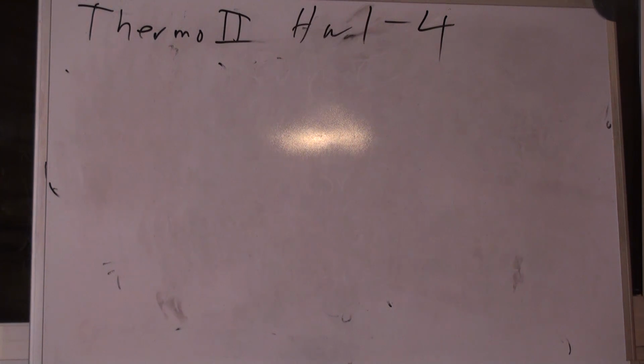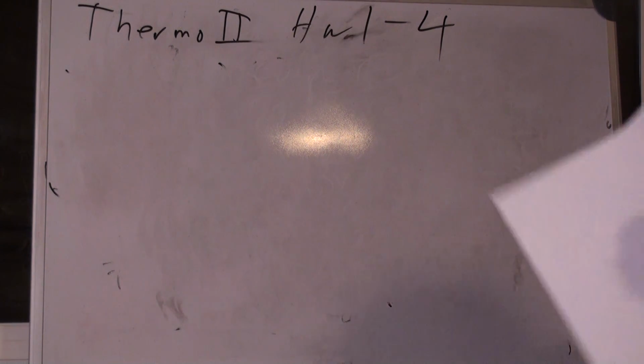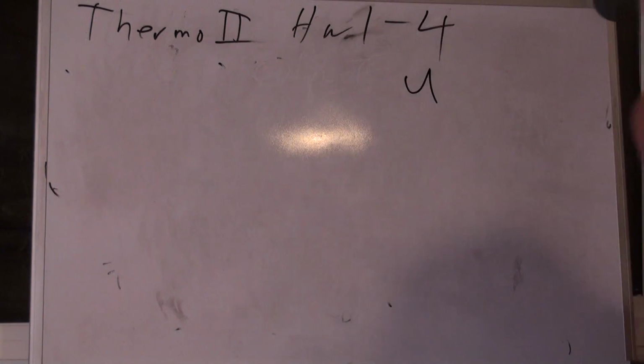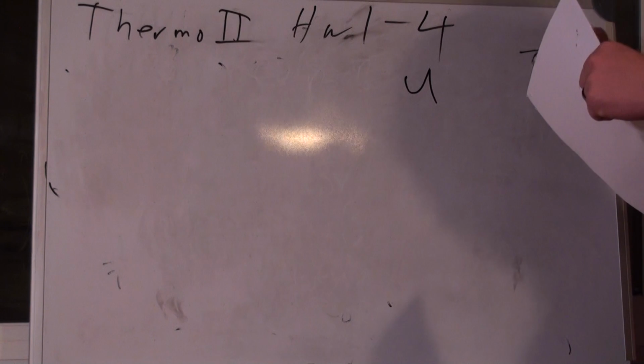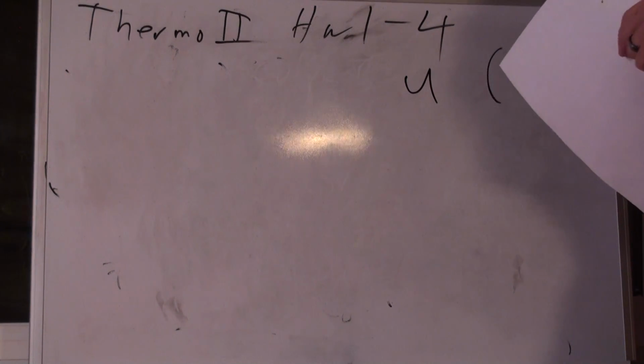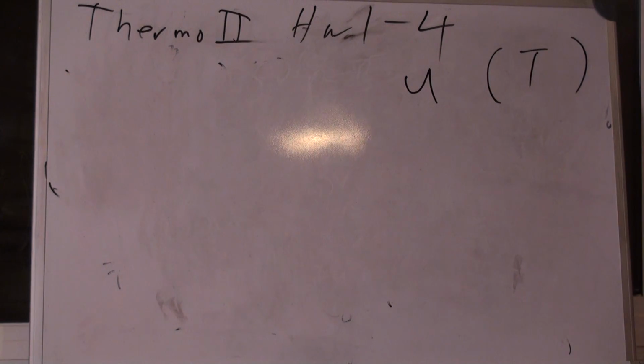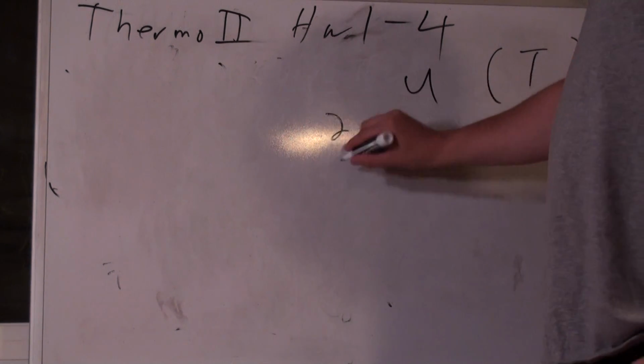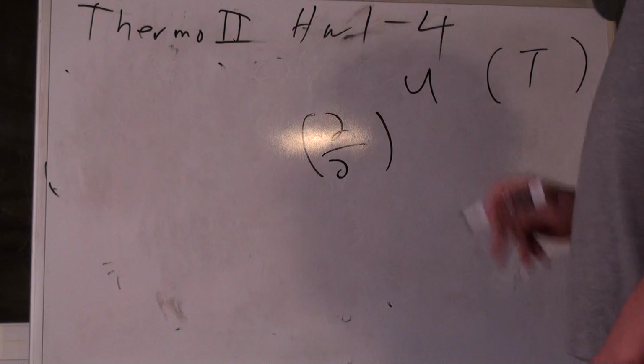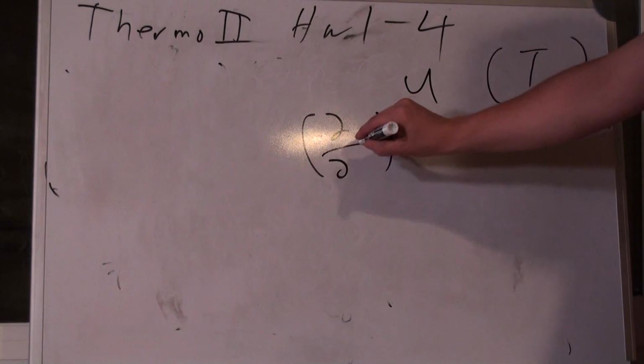Okay, so show internal energy. Well, I know what that is, U, is only a function of temperature, using at least 2 derivatives. So I'm going to have d something at constant something.